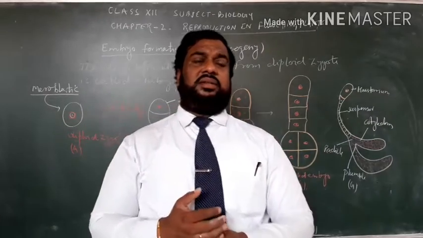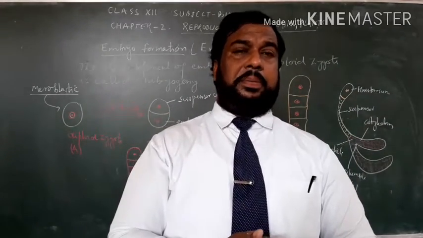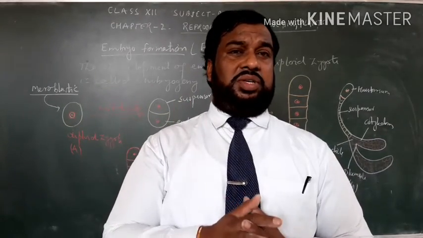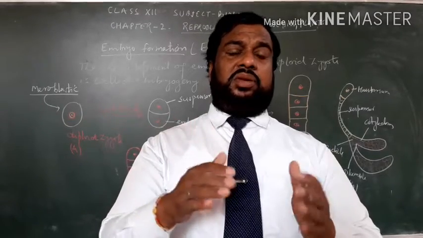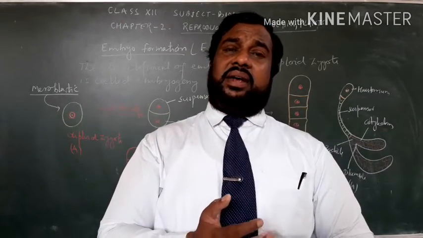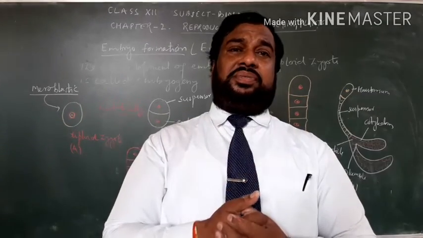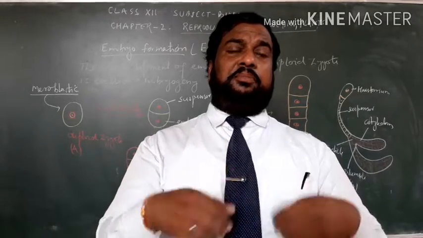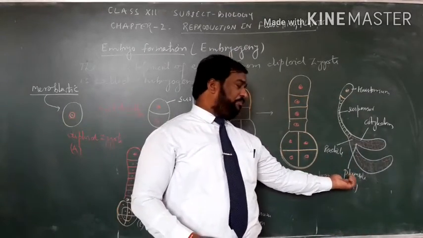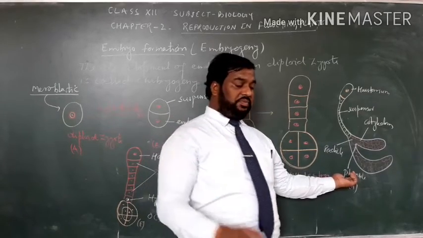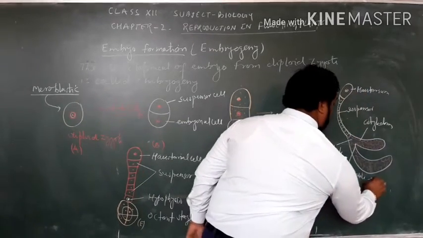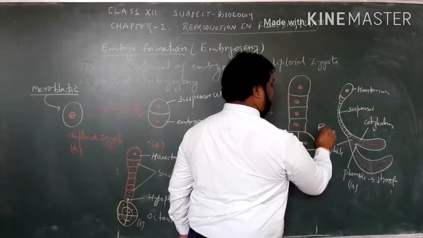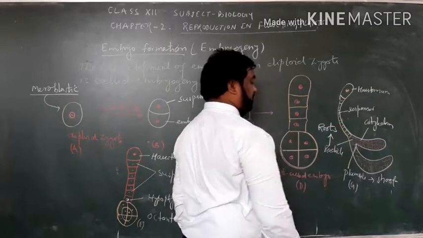So dear students, in future the radicle develops into the root, meaning the formation of the root, and the development of the shoot or stem is from the plumule. It means this plumule in future develops the shoot and this radicle forms roots.